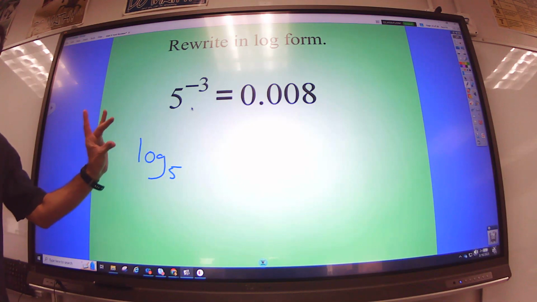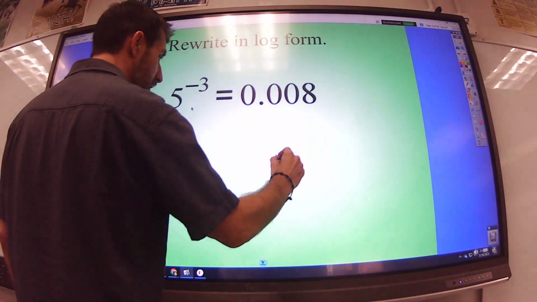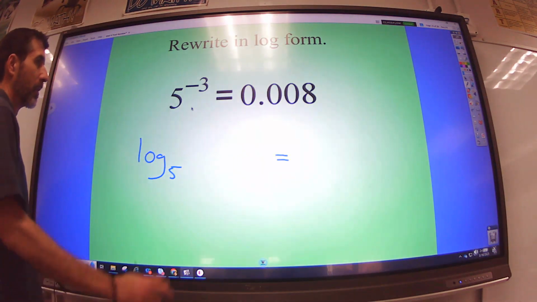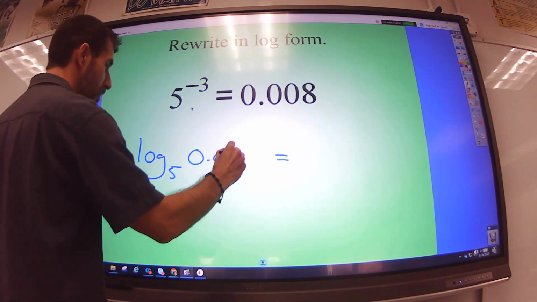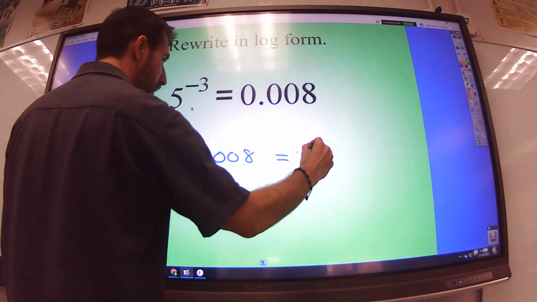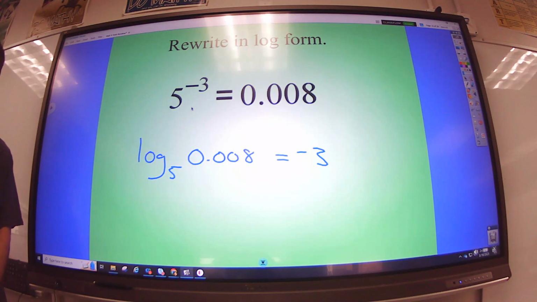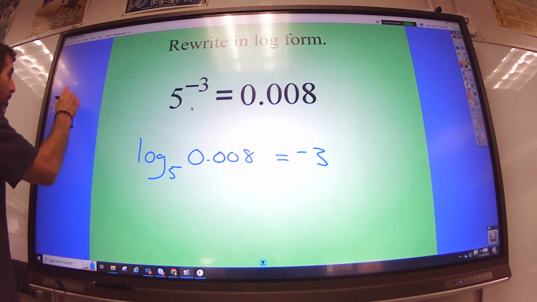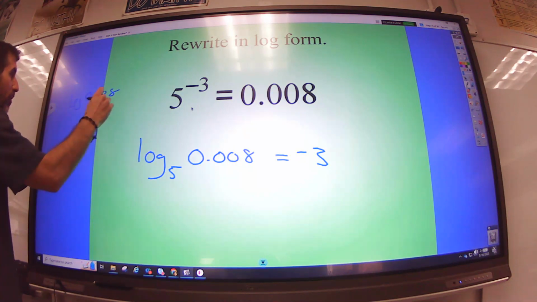Go on your calculator and write 5 to the negative 3rd. You get 0.008. Or we can do the change of base and go log 0.008 over log 5. Anyhow, you have to check that on your calculator to make sure that works. Negative 3. Does it? I don't know if anyone checked. I want to move on.